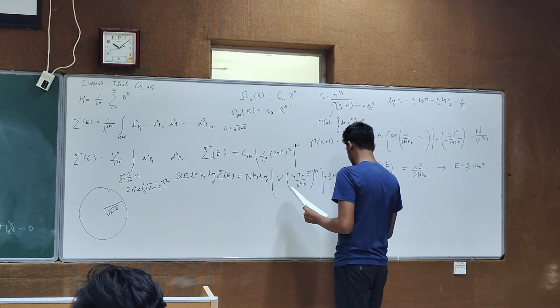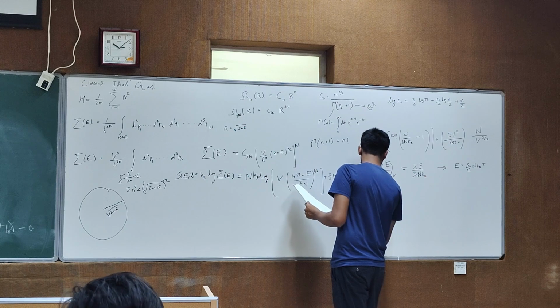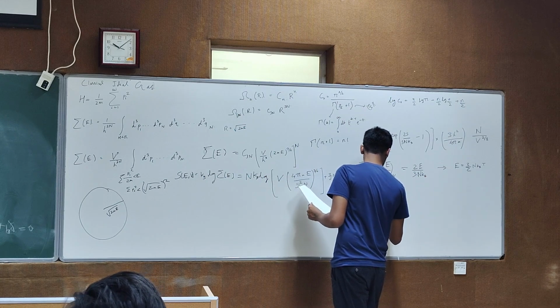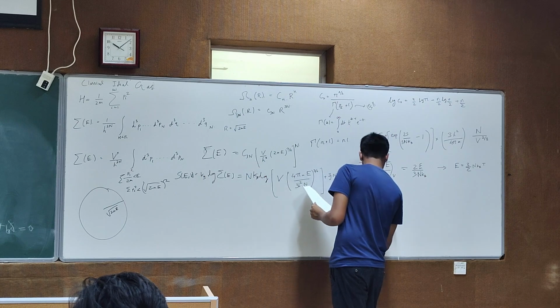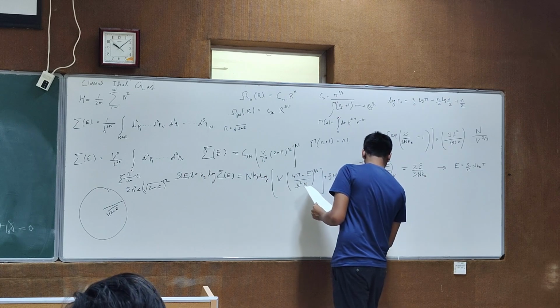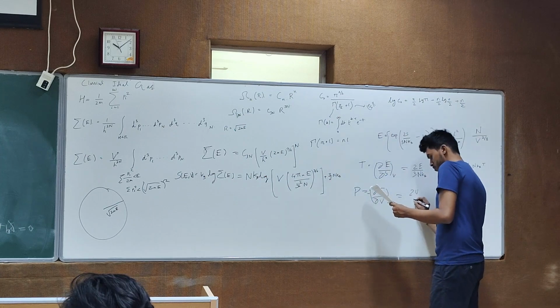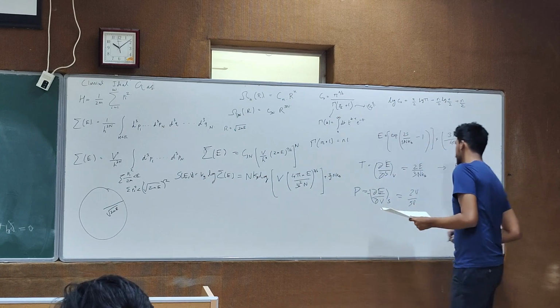And for pressure, you can find del U, del E, del V. This comes out to 2U by 3V.